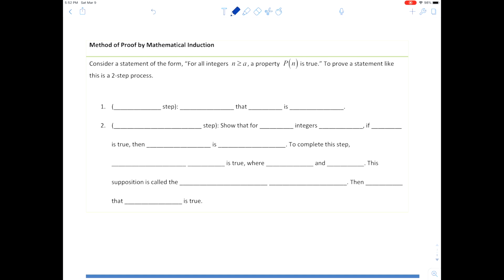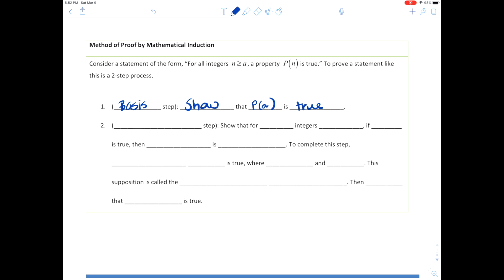You have your first step, which is called the basis step. You show that whatever the first integer is, P of a, I'm going to say, is true. It often starts at 1, but we'll just call it P of a.